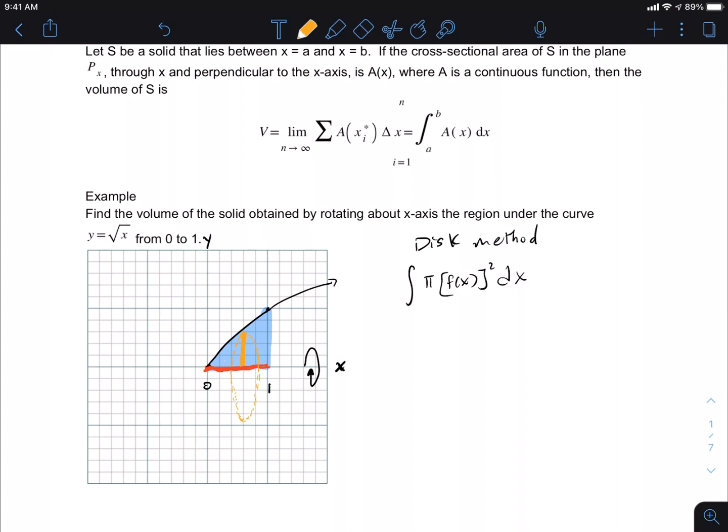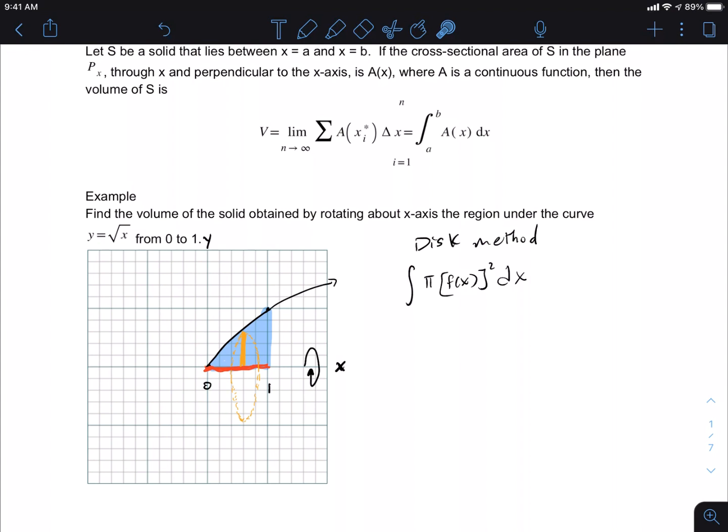So if it goes around the axis of rotation, what shape am I getting? We're getting a circle. So look at what this is. Pi, what? Isn't this r? So it's pi r squared. Does that make sense? Yes.